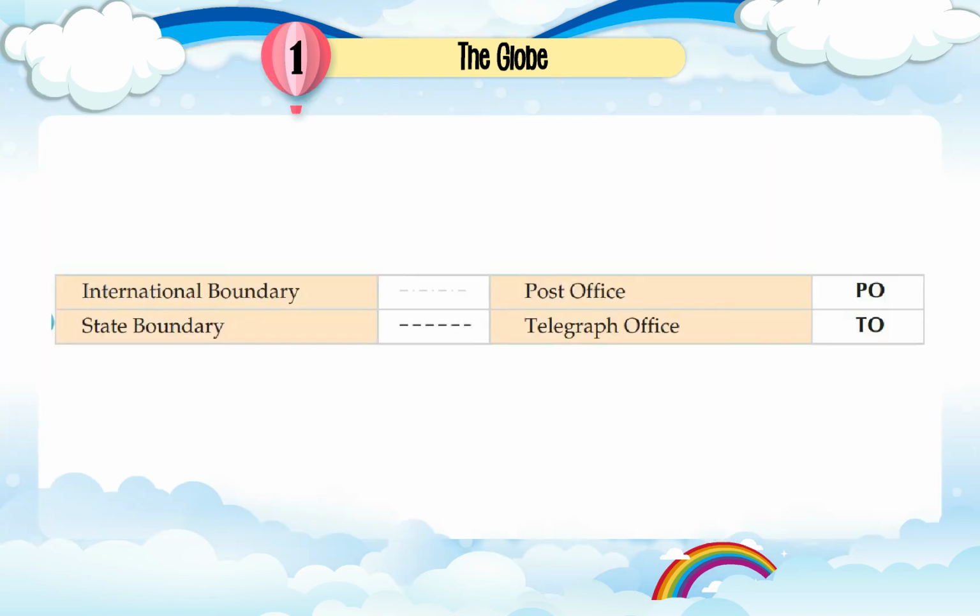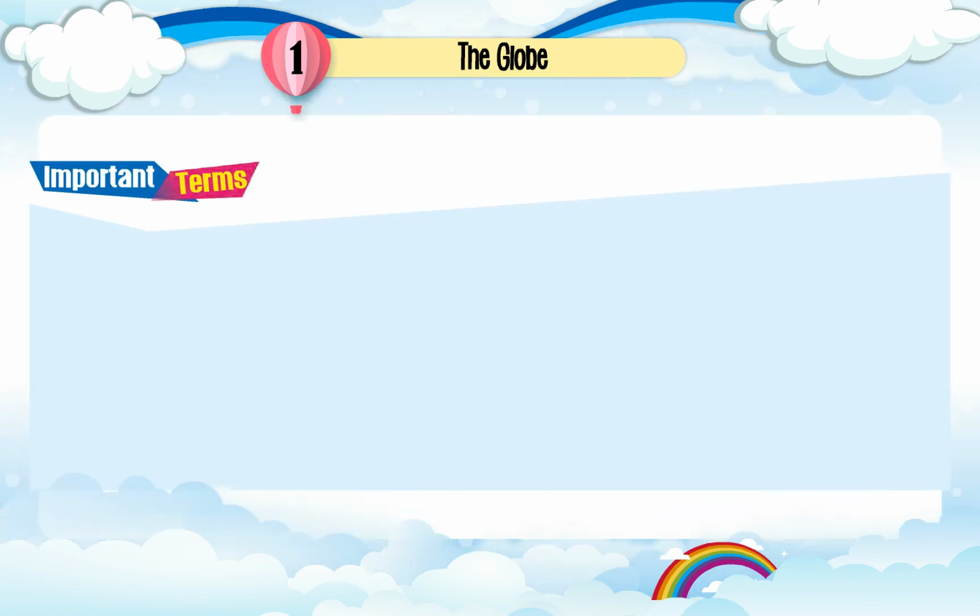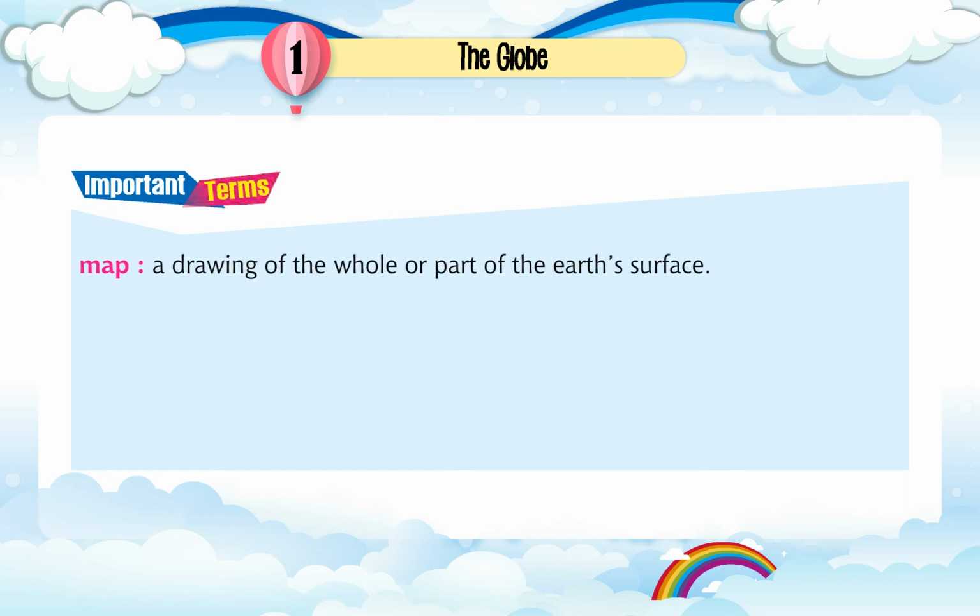International boundary, post office, PO, state boundary, telegraph office, TO, district boundary, police station, PS, metalled roads, stream, unmetalled roads, canal, railway line broad gauge, river, hospital, dam, level crossing, well and tank, bridge, forest, capital of country, temple, state capital, church, city/town, mosque.